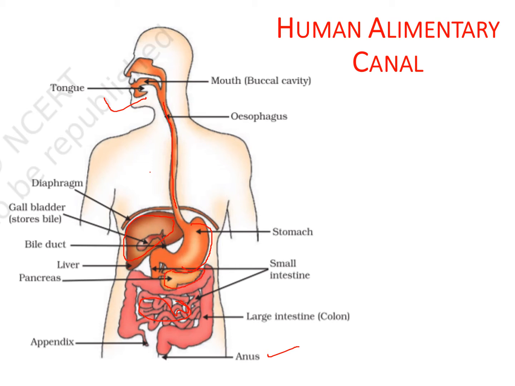Both the liver and the pancreas give out their secretion into the duodenal area, which is a part of the intestine, and the food gets mixed up with that and then enters into the small intestine. The small intestine is about 6 meters long in human beings. It will further open up into the large intestine, and then opens up as the anus.